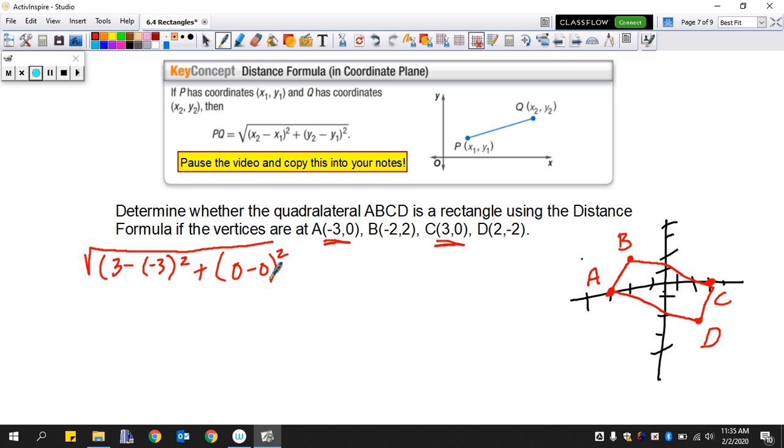So 3 plus 3 is 6 squared, plus 0 squared. This is the square root of 36, which is 6. So this is AC.